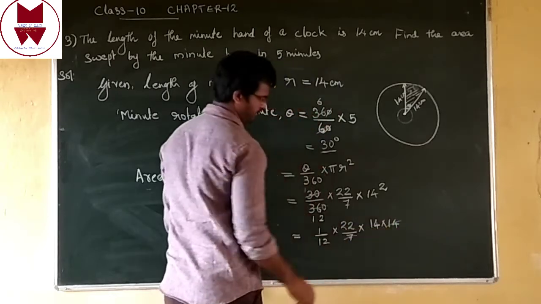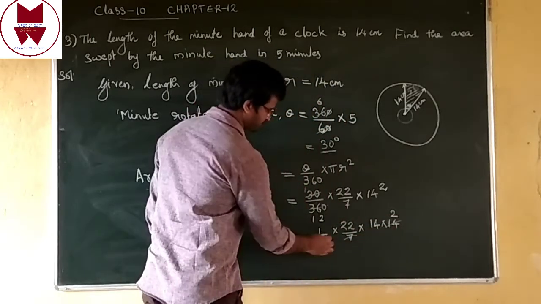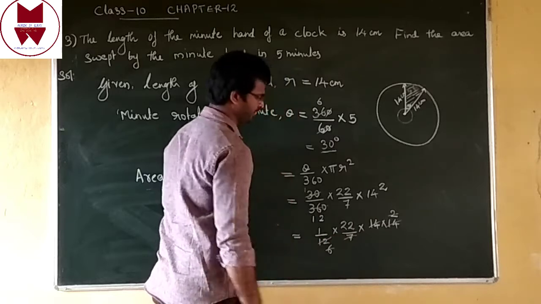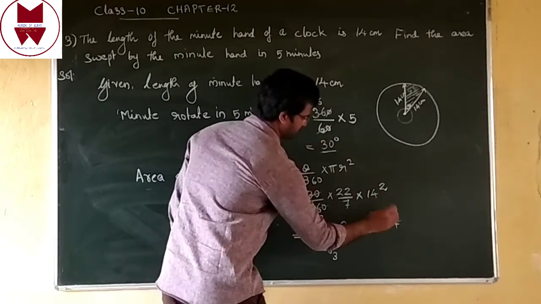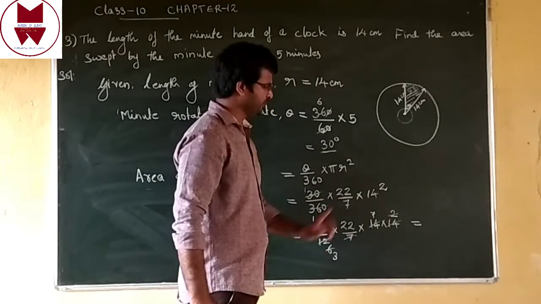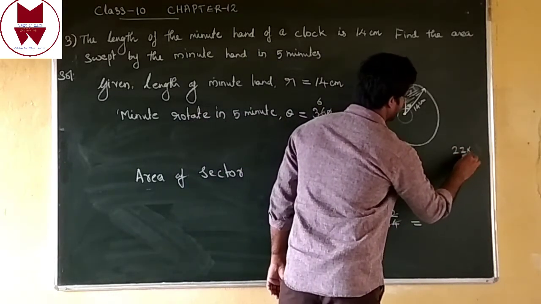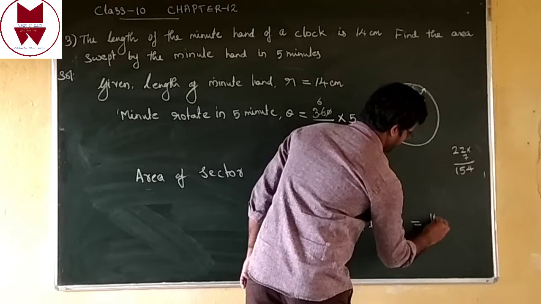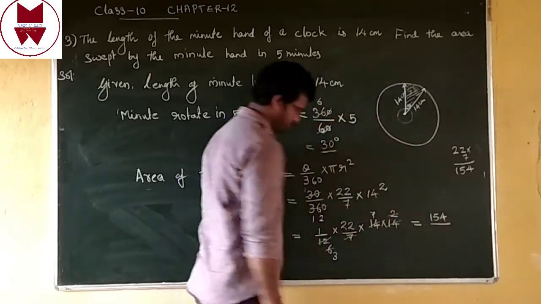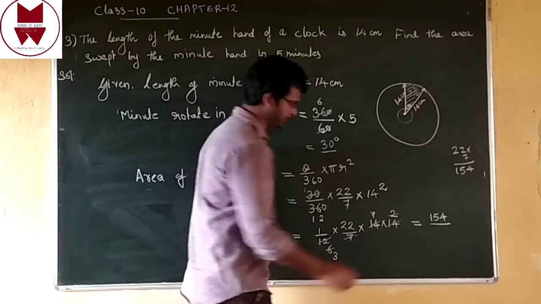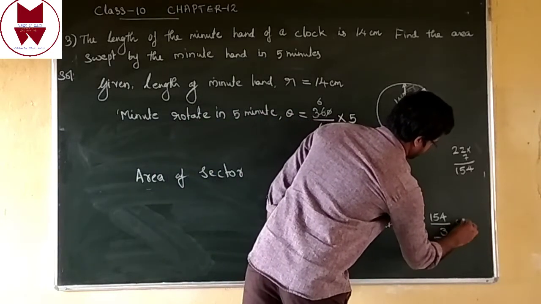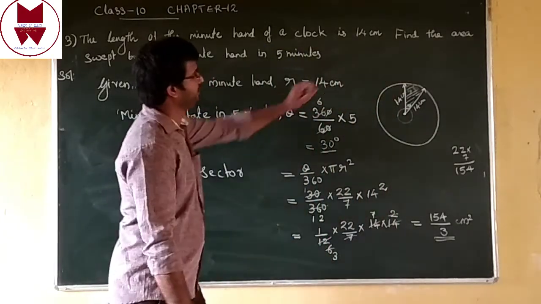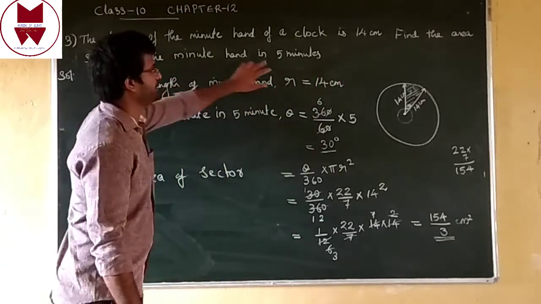Then 7 and 14 cancel, in 14, 7 2 times, this 2 cancel, using by 2, 6, again 6 and 14 cancel, using by 2, in here 3 will come, in here 7, equal to 22 into 7, 154, all divided by the remaining denominator part, that is 3. 154 divided by 3 centimeter square, that is the area swept by the minute hand in 5 minutes, isn't it?